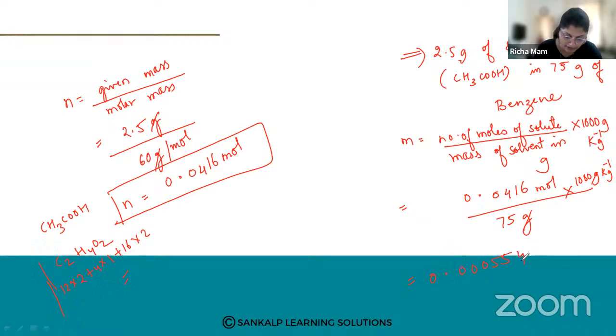Then you multiply it by 1000. It comes to 0.554 mole per kg. So this should be the answer.